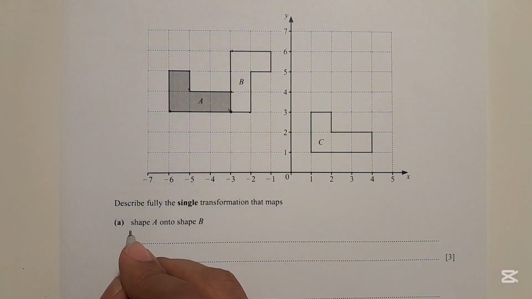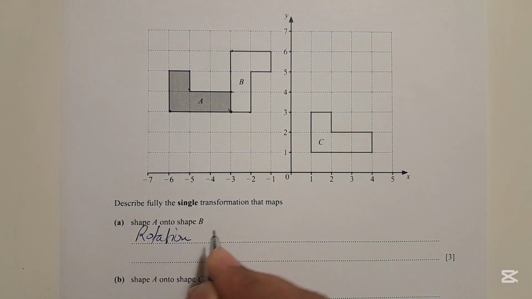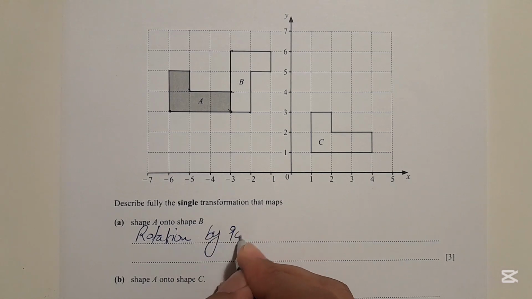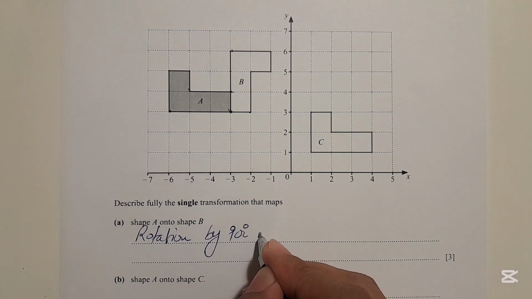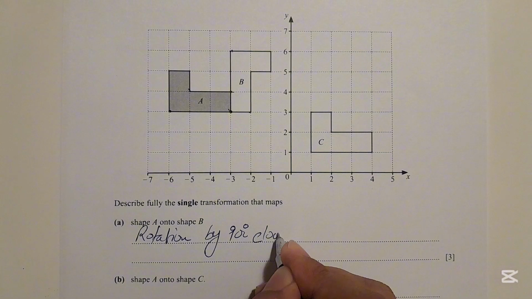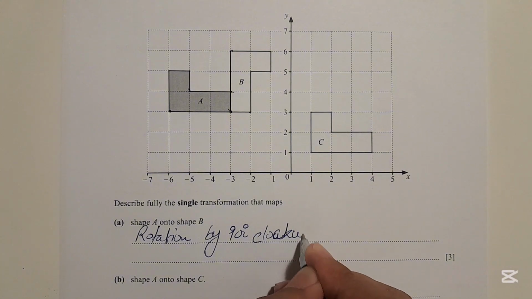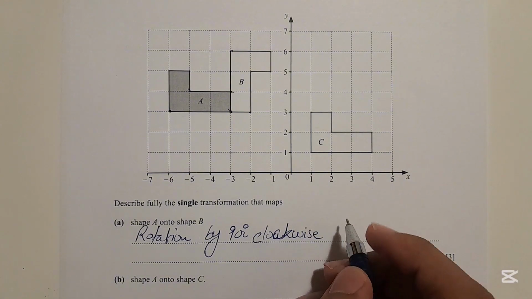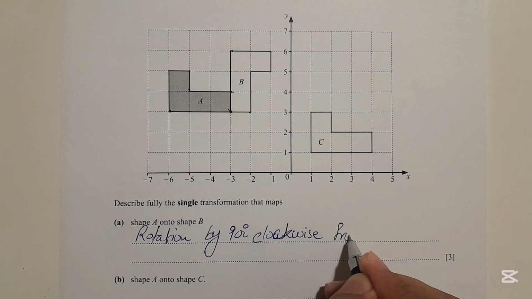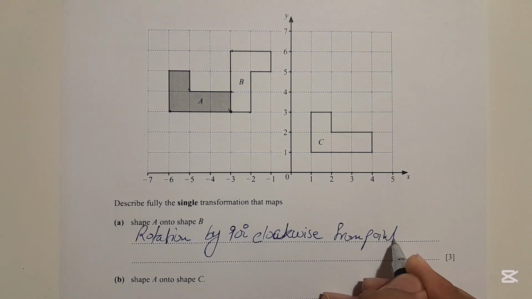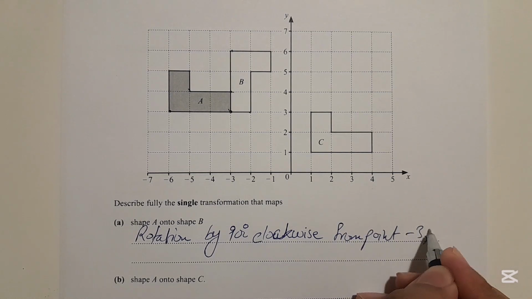So the answer is rotation by 90 degrees clockwise, not anti-clockwise, and from point -3, 3.